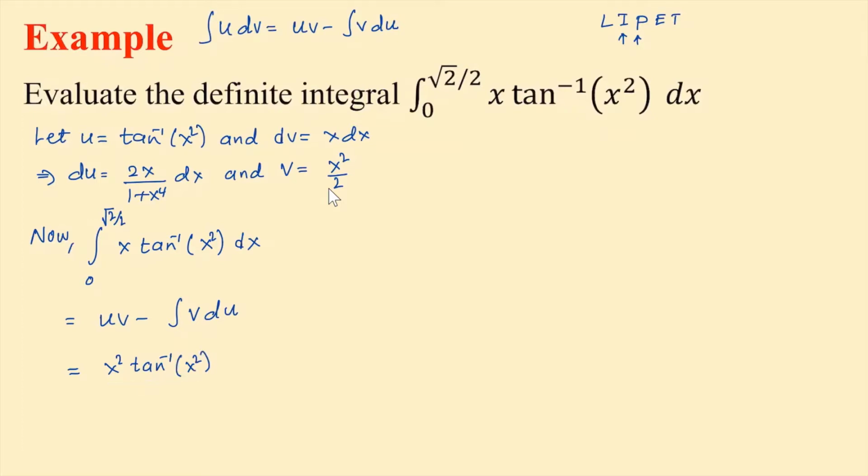Or we can simply write this as x squared over 2 tangent inverse x squared, minus the integration of v du. v is this one and du is this one here. If we multiply, the 2 and 2 get cancelled, and if we multiply x squared times x, that will be x cubed over 1 plus x to the 4 dx.